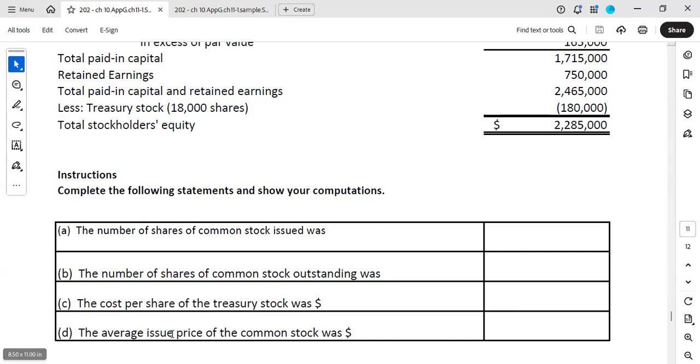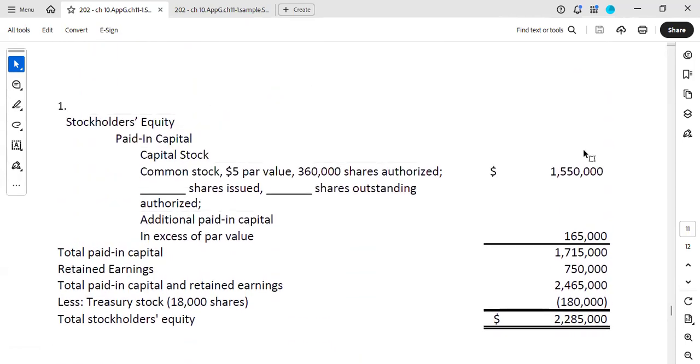Now here's the tricky one. The average issue price of the common stock was what? And now you go in and you say, well, here's the par value. Here's the additional paid in capital for a total of 1715. And I know I issued 310,000 shares.